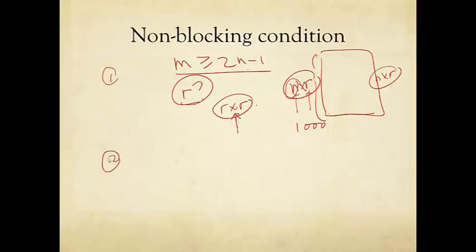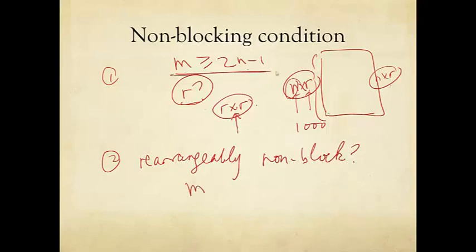Question number 2 is, this is for non-blocking. What about rearrangeably non-blocking? We should have a looser condition. m doesn't have to be as big as 2n minus 1 anymore. And indeed, as long as m is bigger than or equal to n, this is almost basically a half reduction in how stringent this condition needs to be.